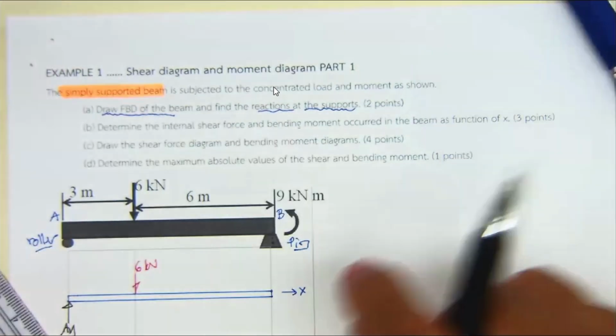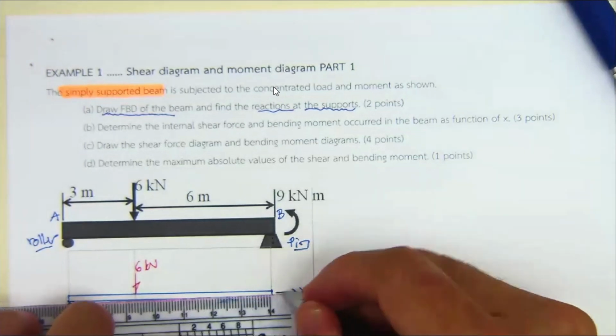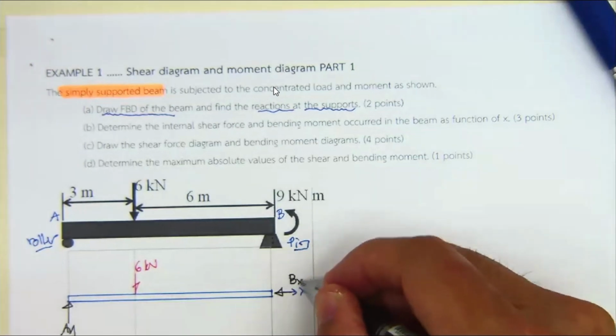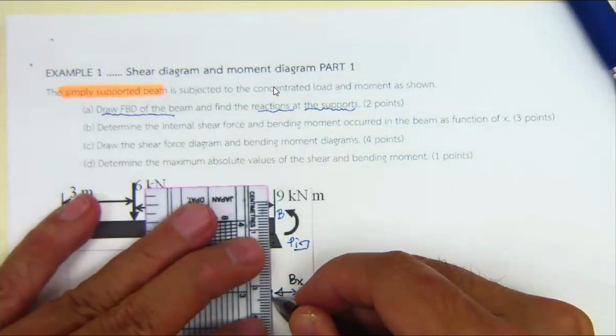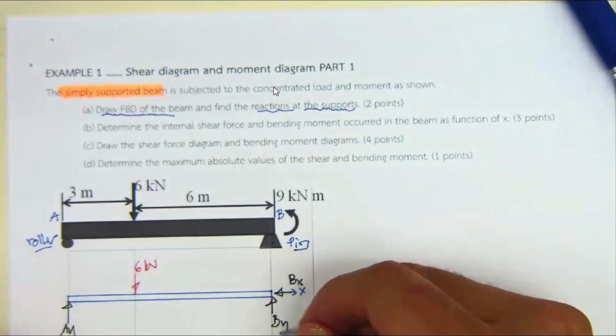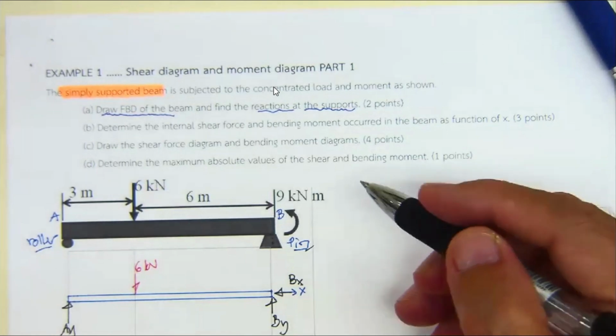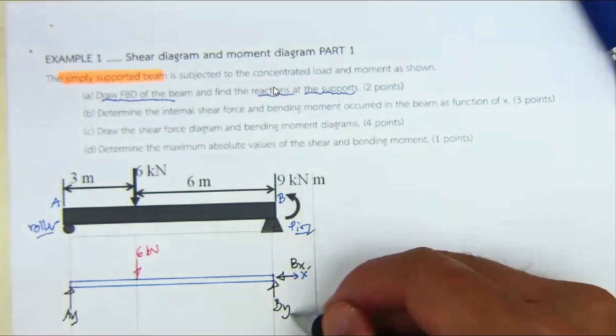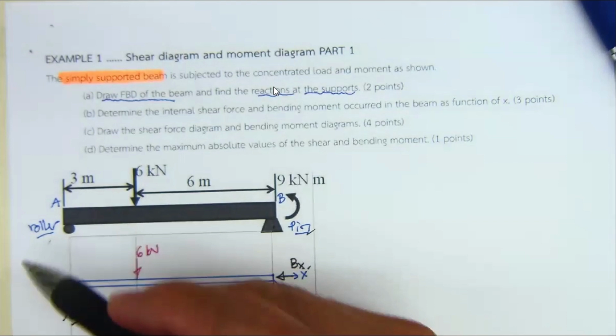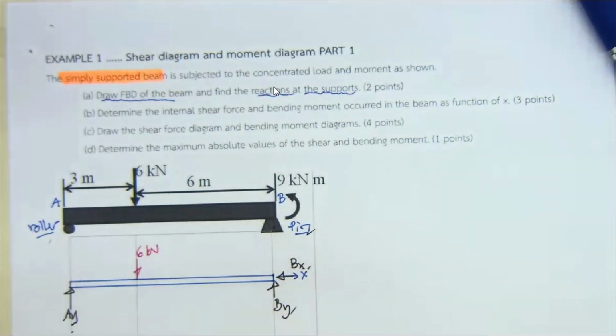And then the support at B, you have B sub x and B sub y. It is very important to know a pin has two reactions, B sub x and B sub y. Roller has only one reaction.